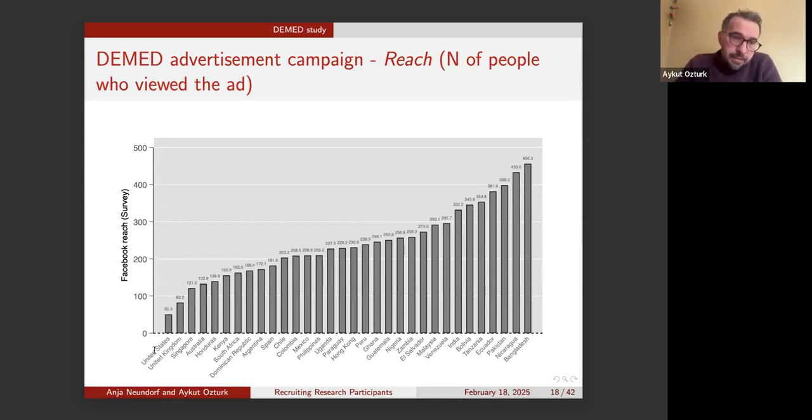And unsurprisingly, United States, United Kingdom, Singapore, Australia, the countries at the lower end of this scale are countries in which not that many people saw our advertisements. So that is one factor that can explain cost difference across countries, but it is not the only factor.